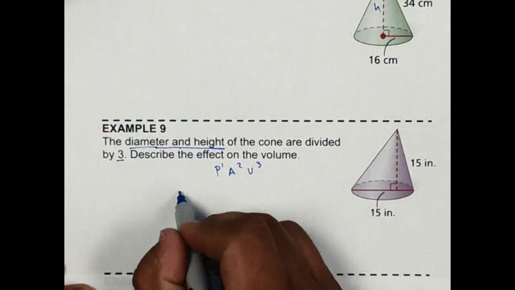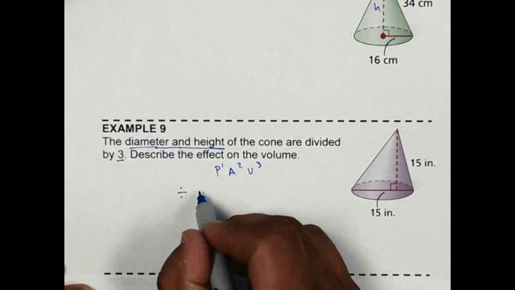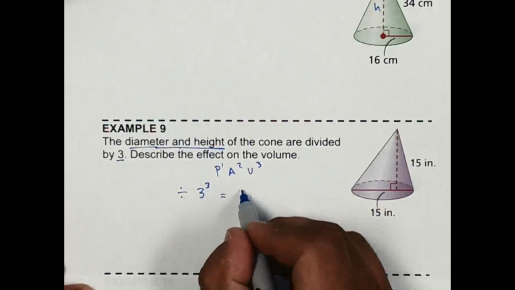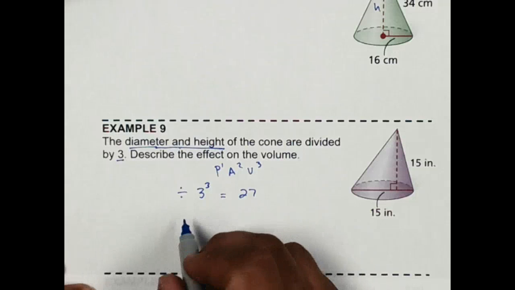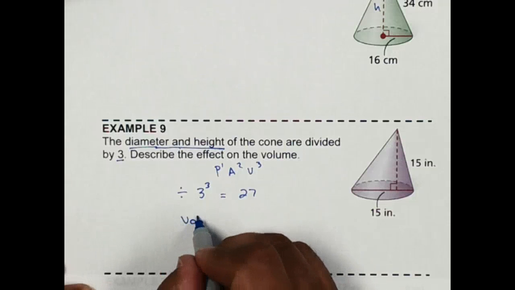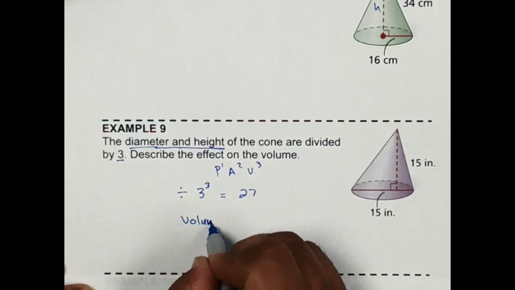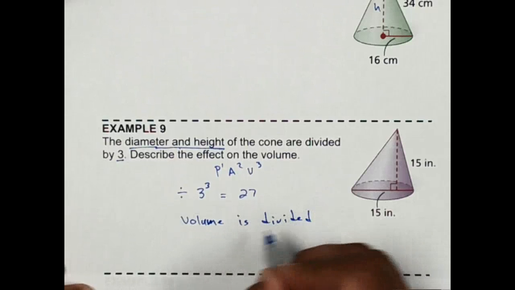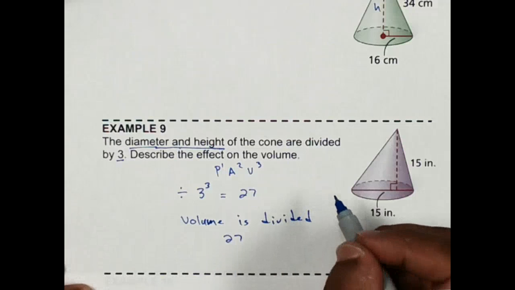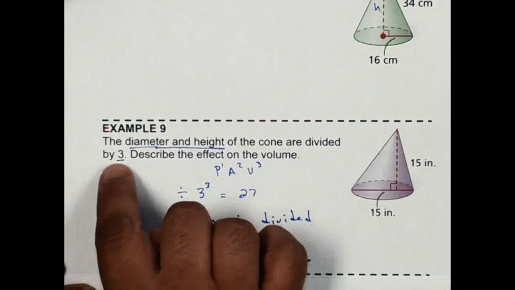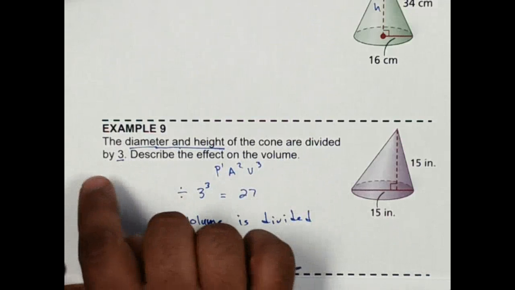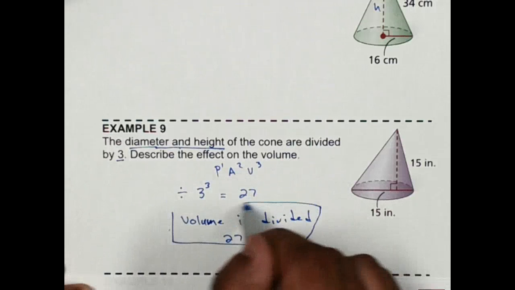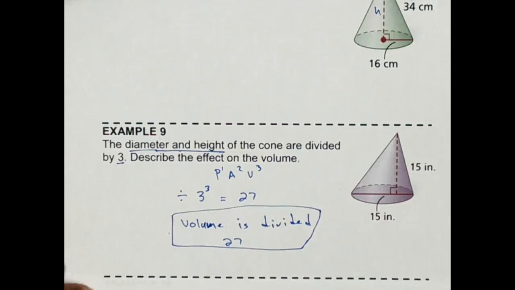So the volume is divided by 3 cubed, which is 27. If my dimensions are divided by 3, my volume is divided by 27, since that is 3 cubed.